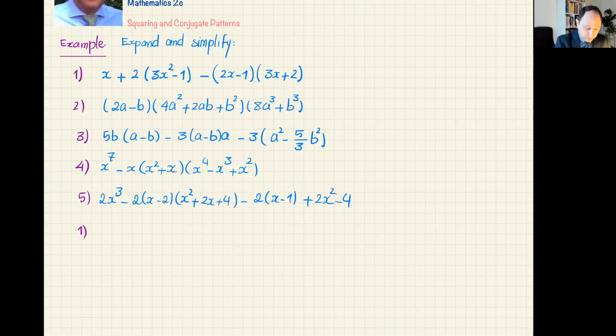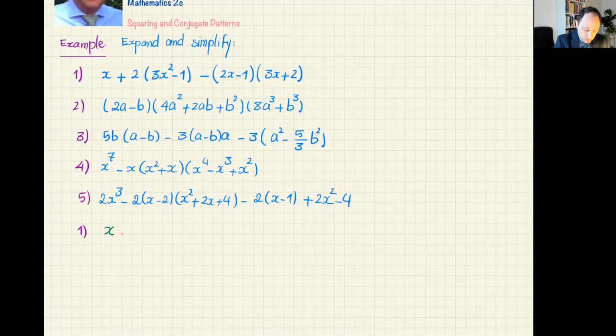I want to expand this expression. So here, this is the product between these two. That is also a product between these two. And then I have subtraction and addition, but we know the priority is with multiplication, yes? So this means that I don't do anything with the first term x yet, but I know that I can multiply these two, okay?